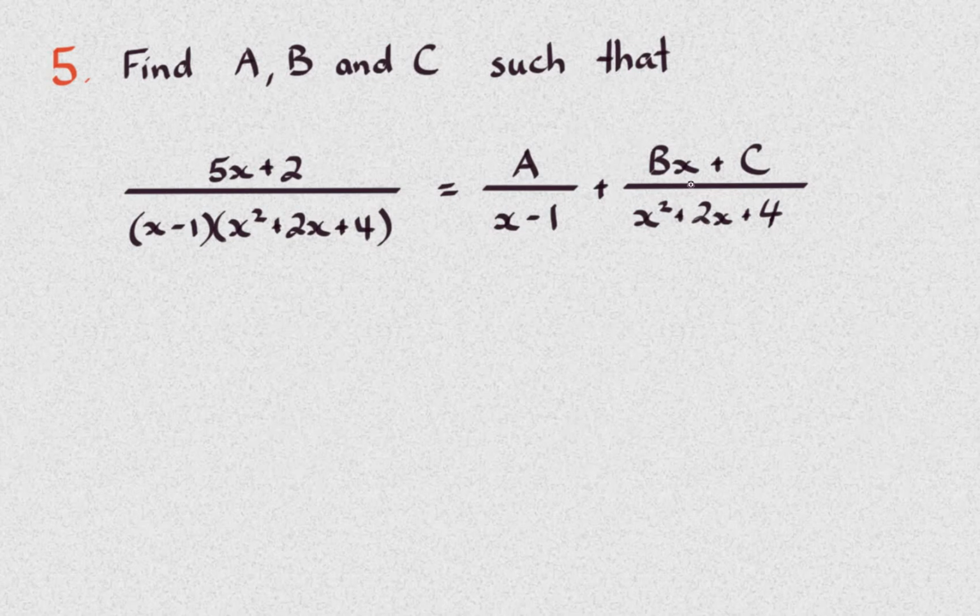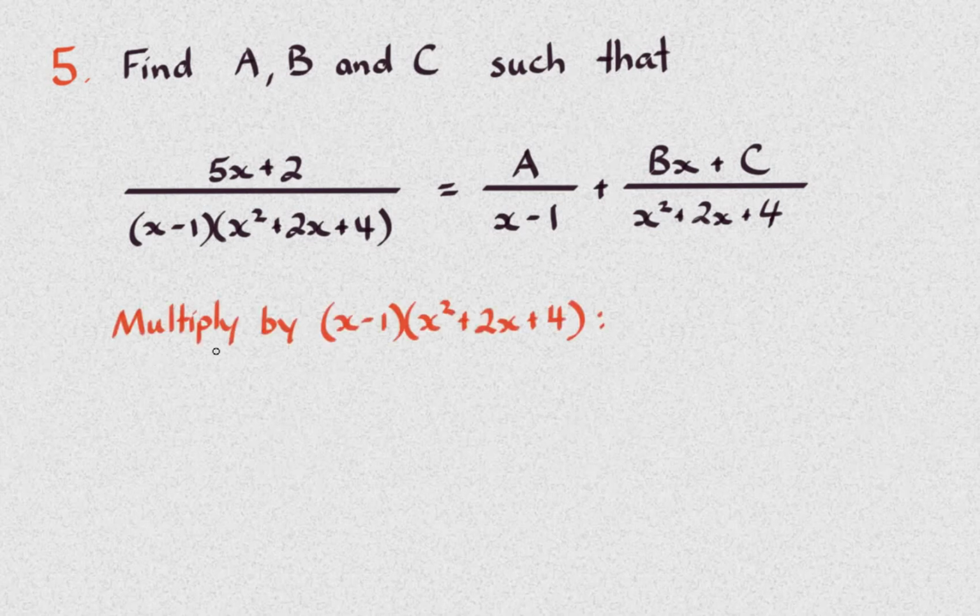But notice that our numerator has a different form now. Previously we have just had linear factors like this one, and so we can simply have constants above them. But when we have a quadratic denominator, then we need to have a linear numerator. Alright, so let's get into this one and see how it all pans out.